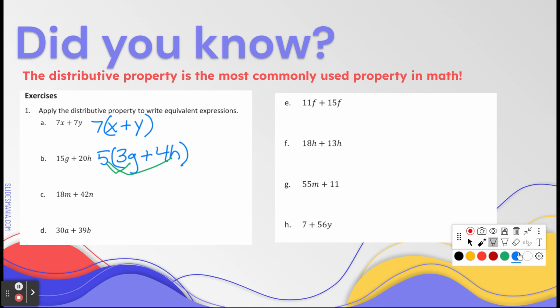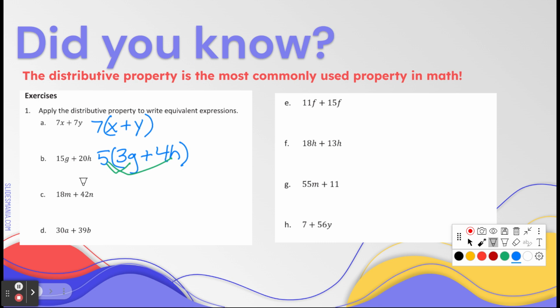Okay, I'm sure you're with me and I'm sure you're doing great. Now we have 18 and 42. So let's think of 18 first. We have 1 and 18. We have 2 and 9. And we have 3 and 6. So which one of those is also a factor of 42?